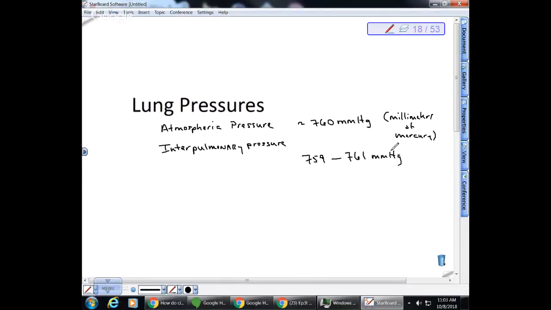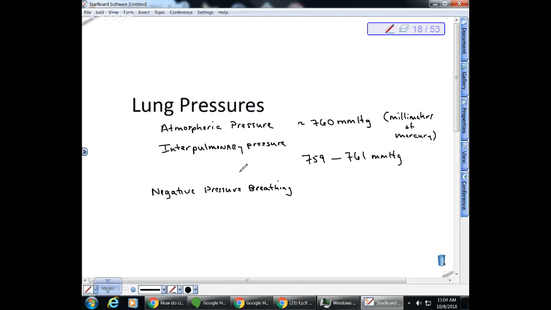And so what we have is referred to as negative pressure breathing. This is different from other organisms, like reptiles, which have to force air into their lungs by constricting muscles that push air against pressure and cause the lungs to expand.